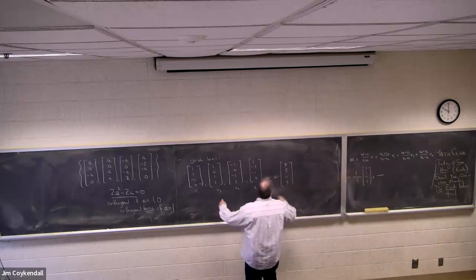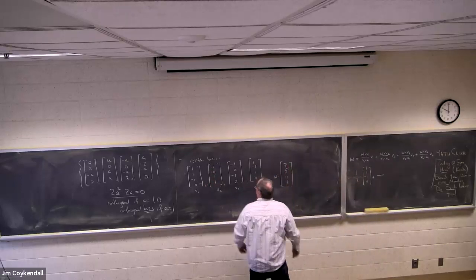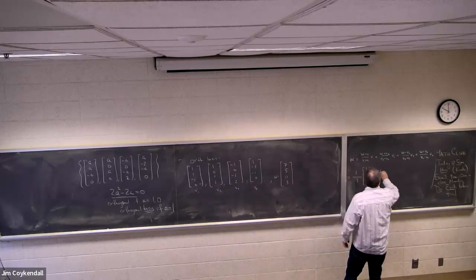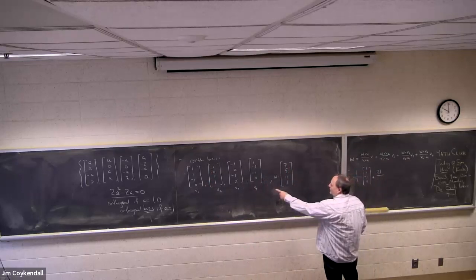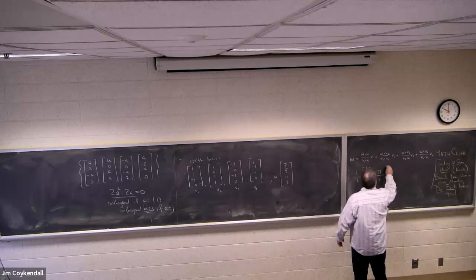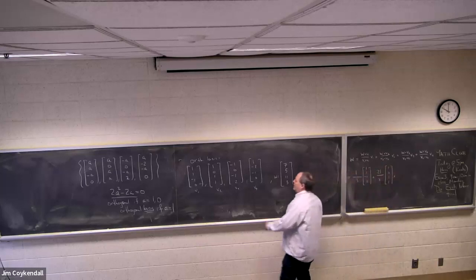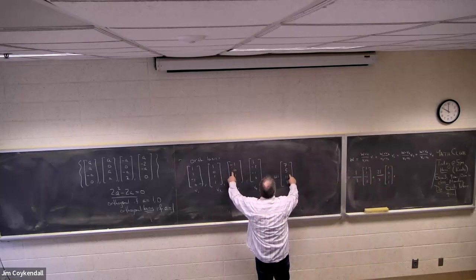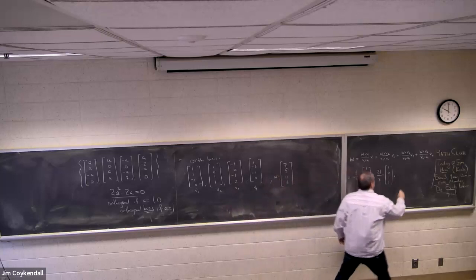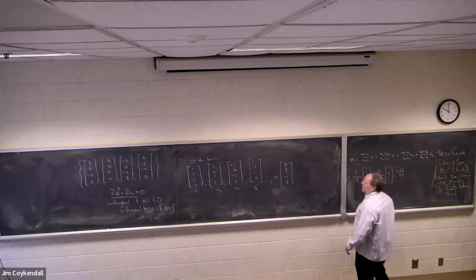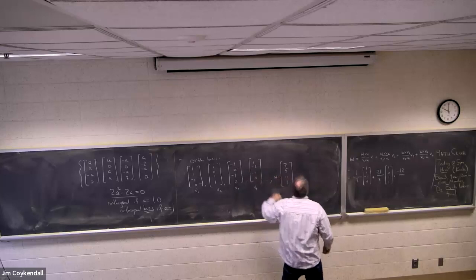W dot B2 is 18 plus 3, which is 21, over B2 dot B2, which is 3. That's 7 times B2, which is 1, 0, 1, 1. Plus W dot B3, which is minus 18 plus 6, so minus 12, over B3 dot B3, which is 6.